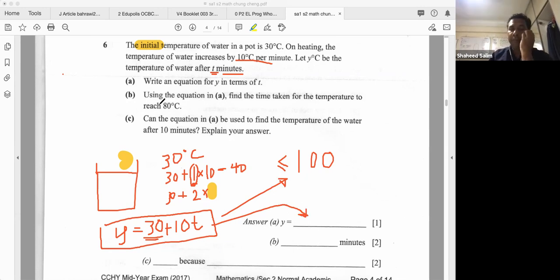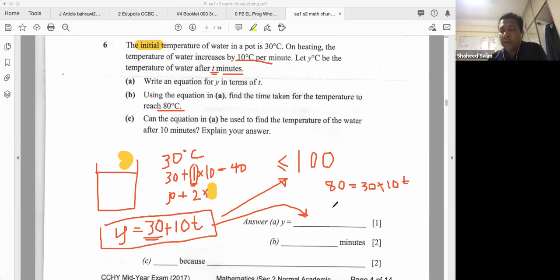So now down here, if you want to find how many minutes for 80 degrees. Okay, this is 80 degrees. Now substituting for Y, 80 degrees, I put down here, equals to 30 plus 10T.